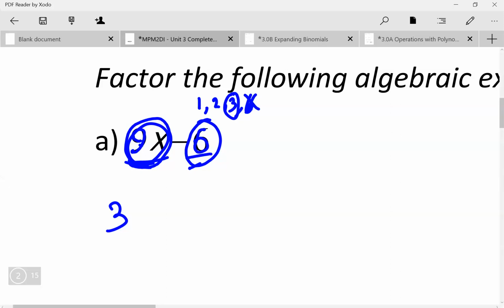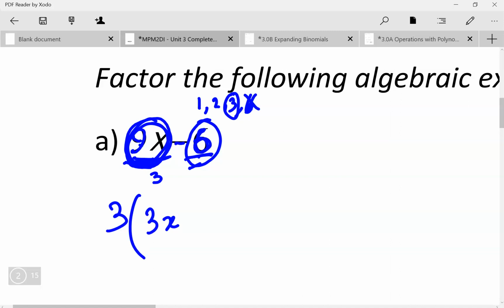But again, that was the number that I'm taking out. And now I'm trying to factor out a 3 from both of these terms. So I'm going to take out a 3 from both of these terms. And again, we are thinking in terms of division. So take out, as in divide out, a 3 from both of these terms. So 9x divided by 3 is 3x.